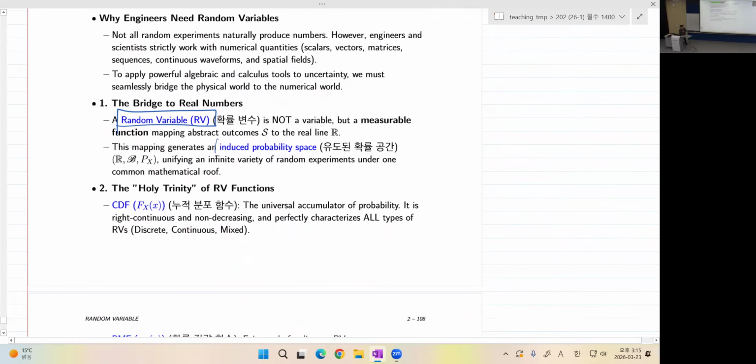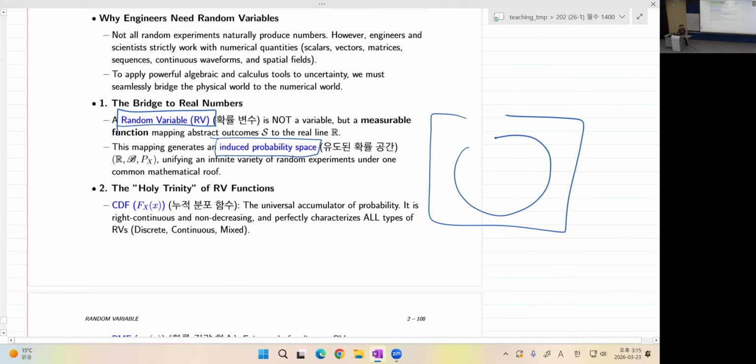What is the induced probability space? It puts every random experiment generating a real number together here, with the same sample space and same sigma algebra, only with different induced probability measures. And the good thing is that this is the same as the CDF.